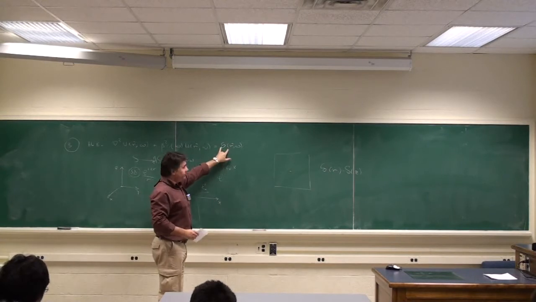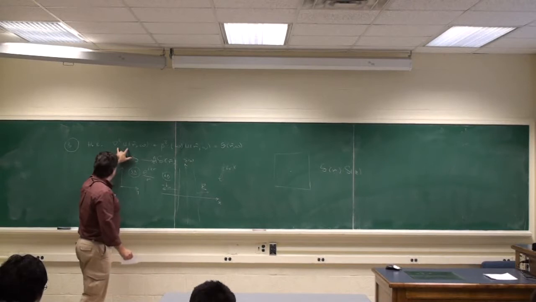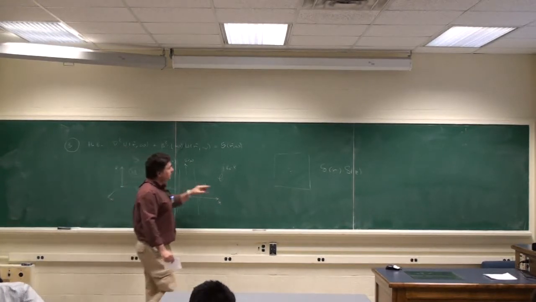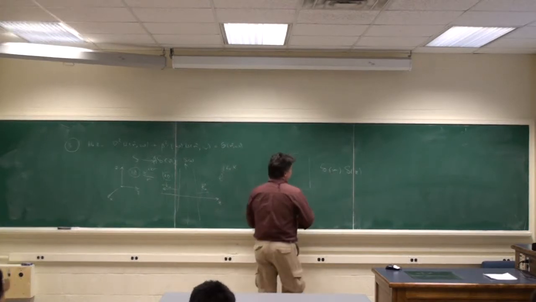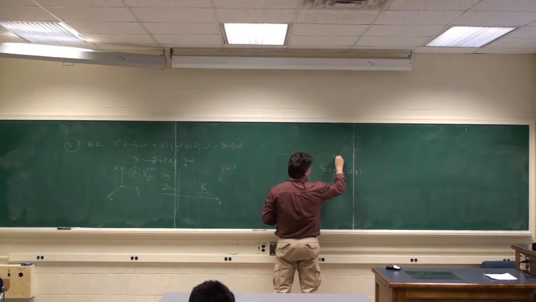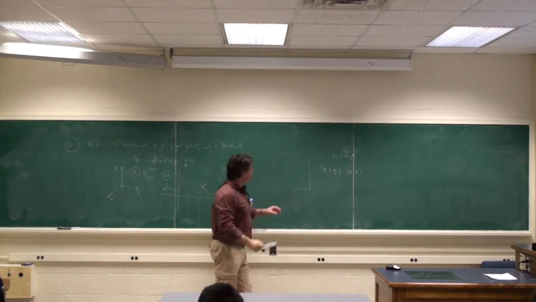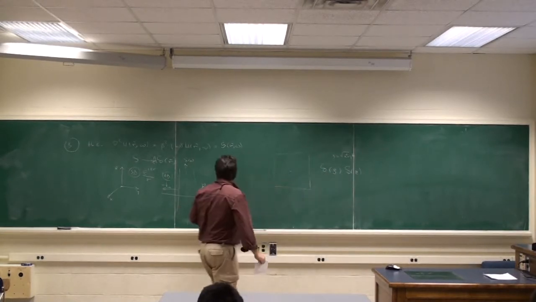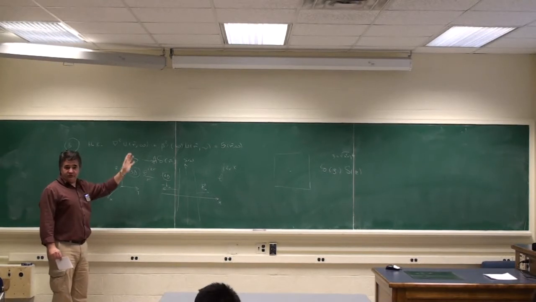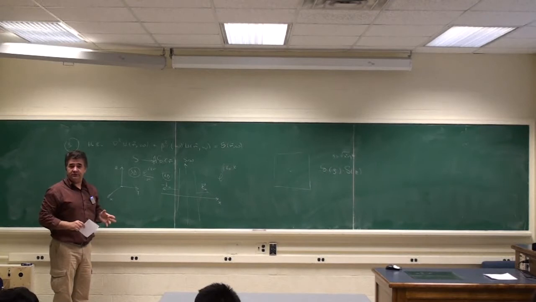So delta in 2D will still be 1. This will be k squared, but now you are in 2 dimensions, so it will be the k associated with this. I can put rho here if you want, where rho is the square root of x squared plus y squared. So symbolically, all 1D, 2D, 3D kind of look the same way, like 1 over k squared minus beta squared, something like that.